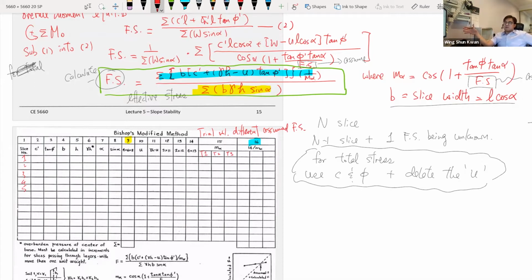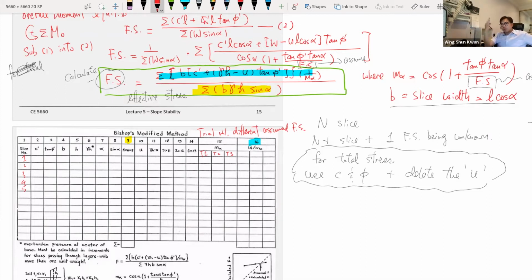Every site is different. I can't give you a firm answer on what value or what range you should assume. But if you do a single body analysis, which can give you a quick answer for the factor of safety, and you got a factor of safety of 0.5, then it would be reasonable to assume 0.5, 1.5, and 2.5.